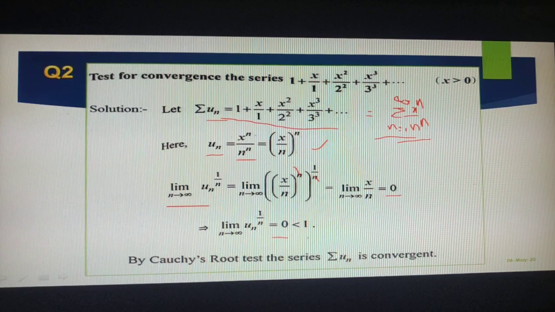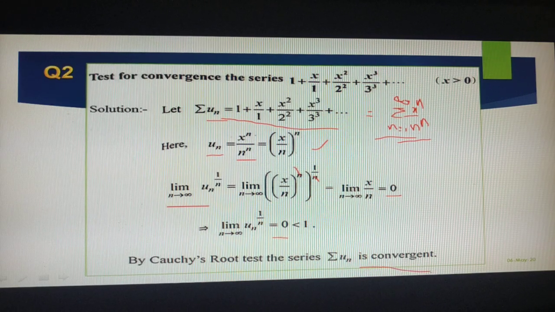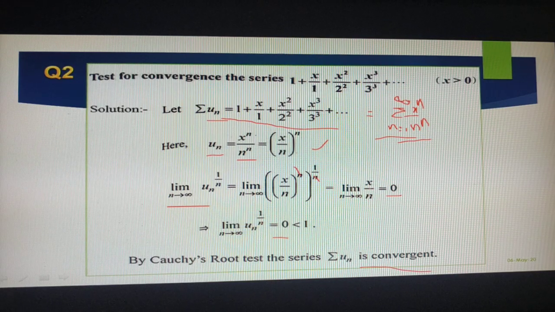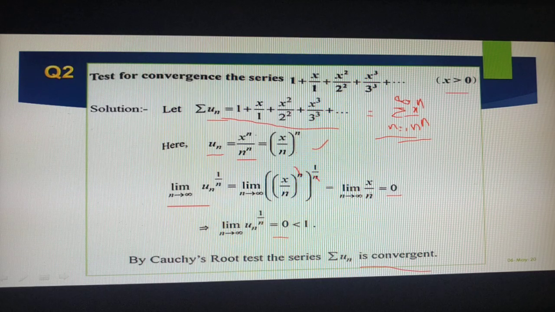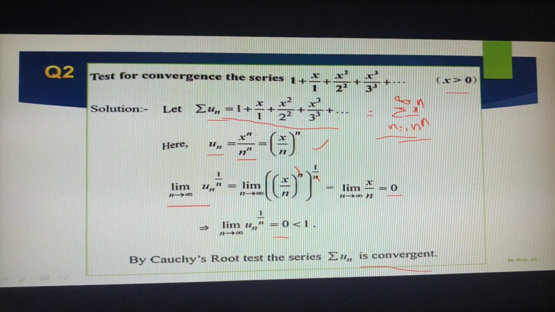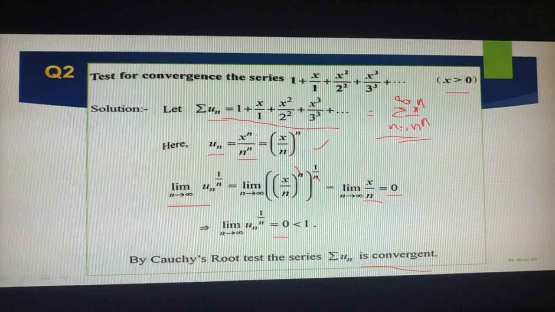So 0 is lesser than 1, therefore this series is going to be convergent. Here we take x by n, where x is greater than 0, so we have a certain value here. Let me take 2 or 3 something. Divided by n tends to infinity, obviously it goes to 0.